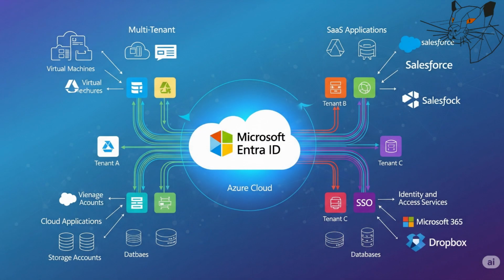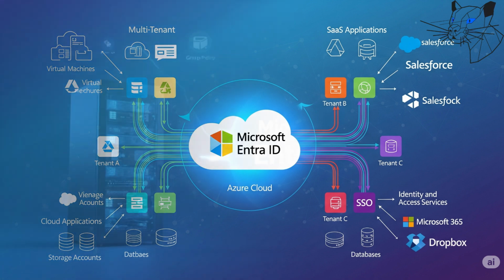Microsoft Entra ID is a multi-tenant, cloud-based directory and identity management service. It provides identity and access services for resources that exist in the cloud. Microsoft Entra ID can also provide single sign-on, SSO, access to cloud software as a service, SaaS, applications.